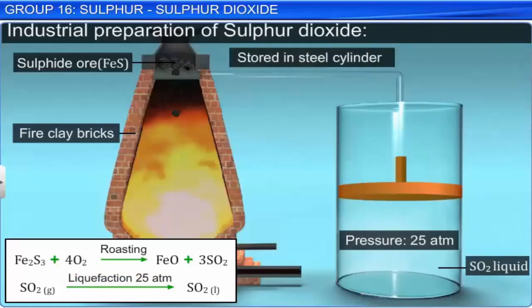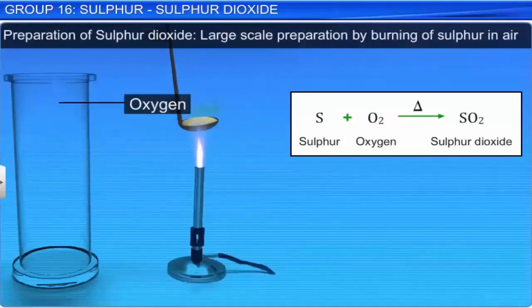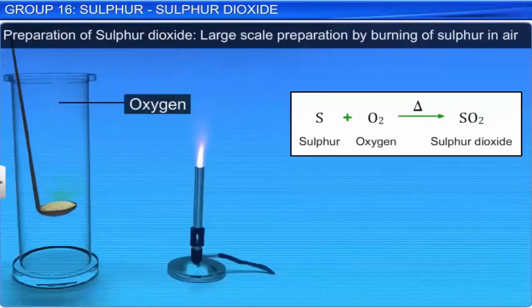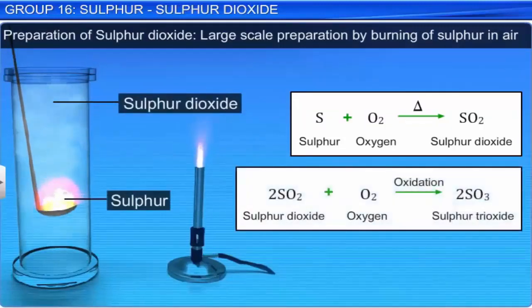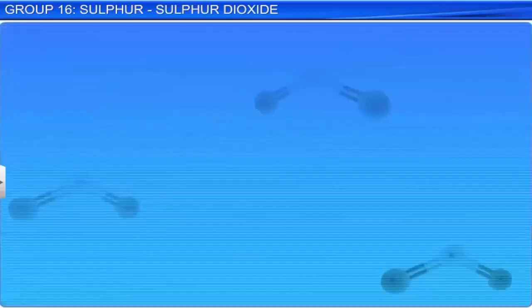Sulfur dioxide is also obtained on a large scale by burning sulfur in air. In this reaction, about 6 to 8% of sulfur is simultaneously oxidized to sulfur trioxide. Let's now study the physical properties of sulfur dioxide.